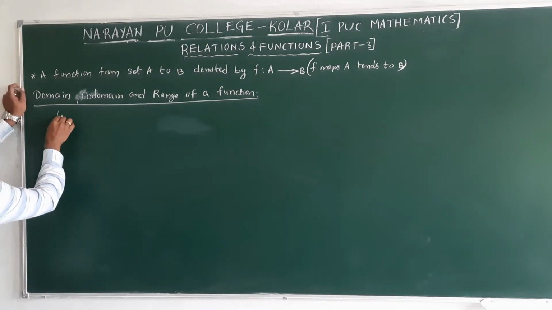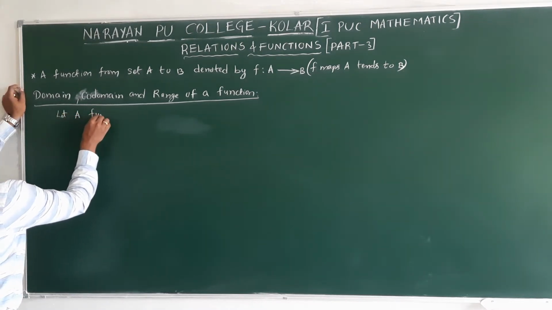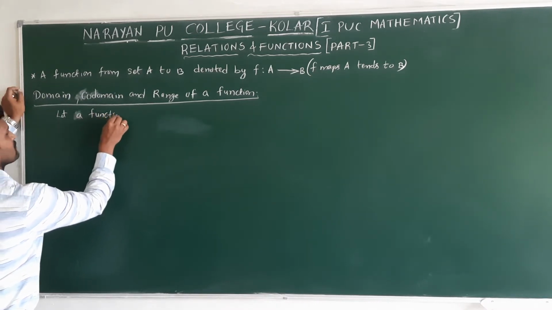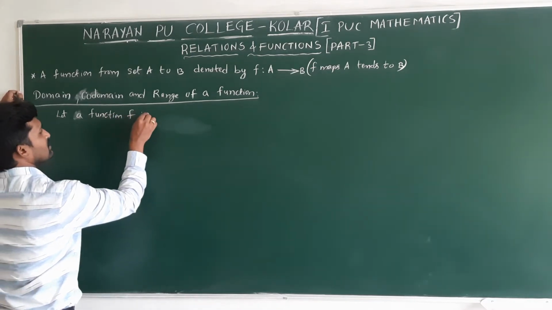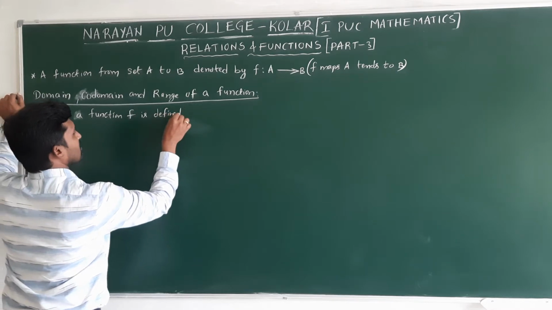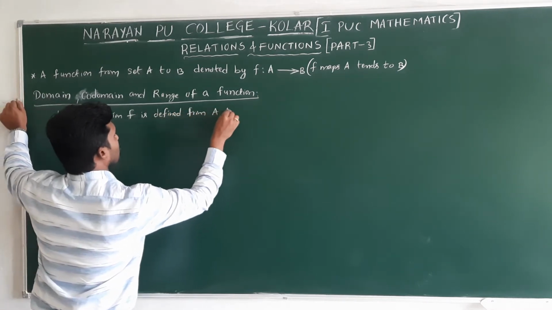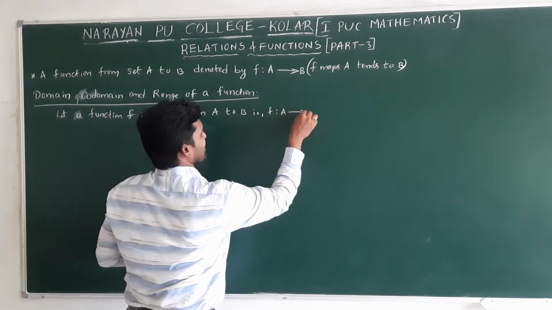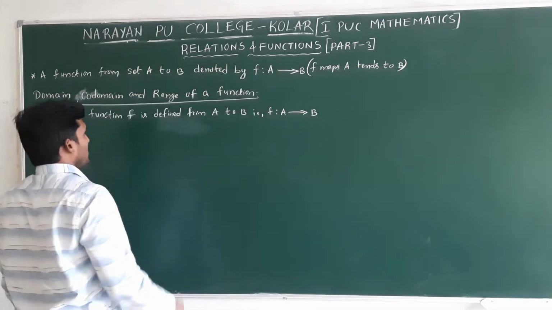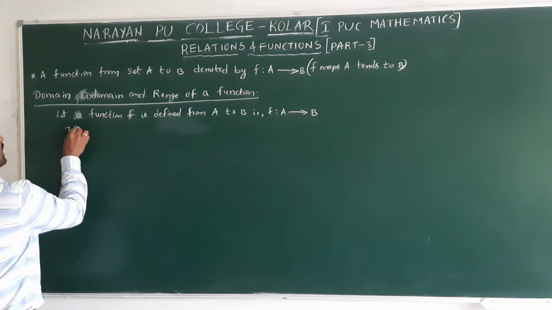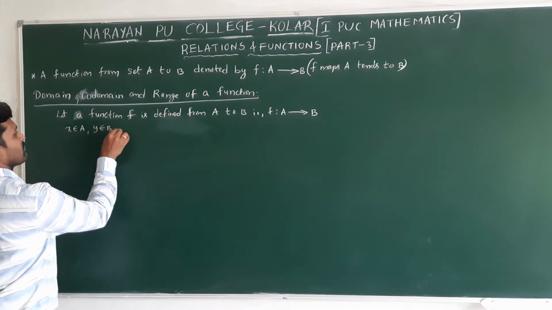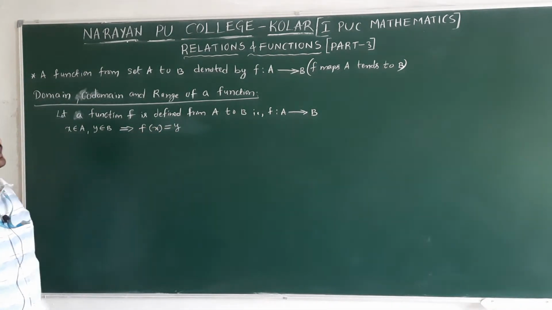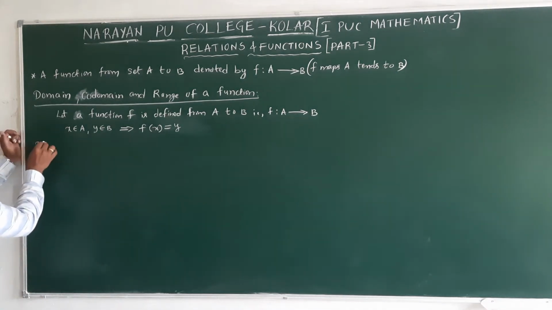Let a function f be defined from set A to B, that is, we write f maps A to B. It means if x belongs to A and y belongs to B, then we can write f(x) = y as function notation. Now first we need to learn what a domain is.